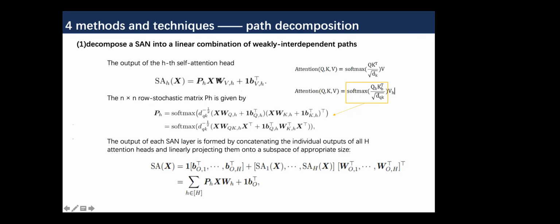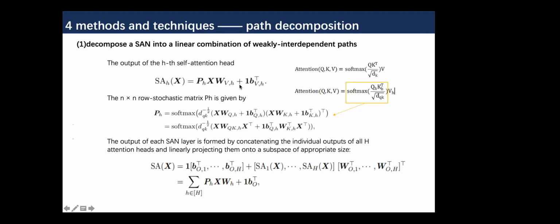What is different is that we multiply X by WV. This part is just the big V_h. So this part is just the same as the whole formula here. So this SA_h(X) formula is just the same as the attention QKV formula, right?